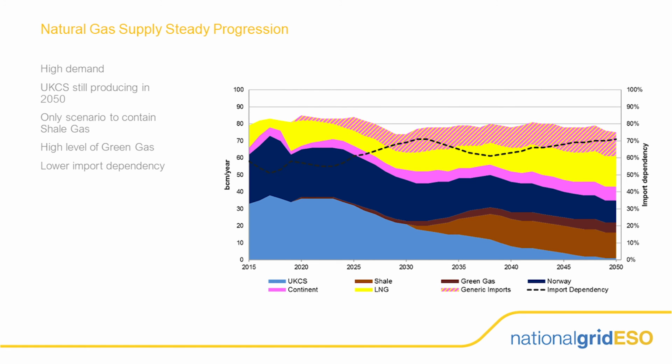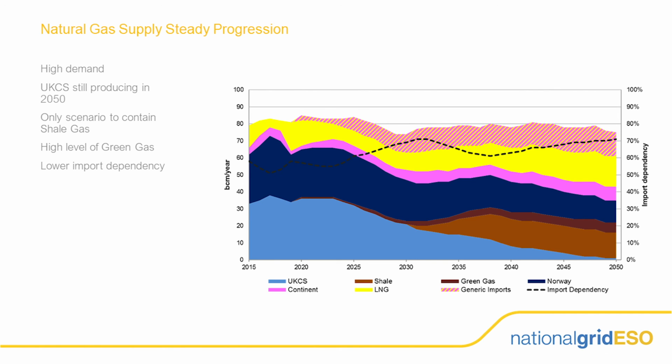Finally, steady progression. In this scenario, natural gas is being used in a similar way to that of today, resulting in high demands for gas. Again, UKCS is declining, however still producing by 2050. As stated before in the assumptions, we have presumed in this scenario that shale gas can be proven to be extracted safely. We therefore see a growth of shale gas from the early 2030s out to the year 2050.